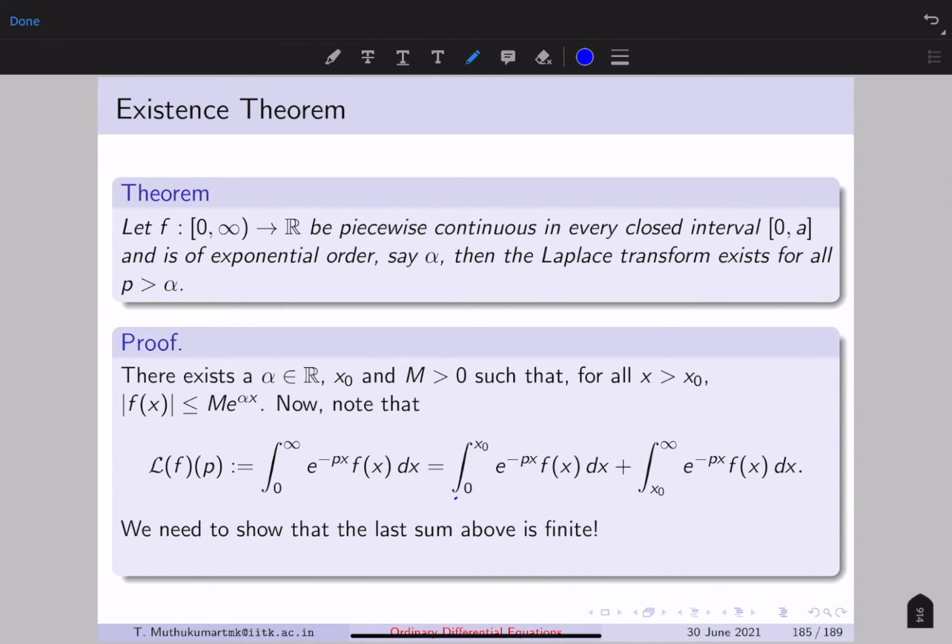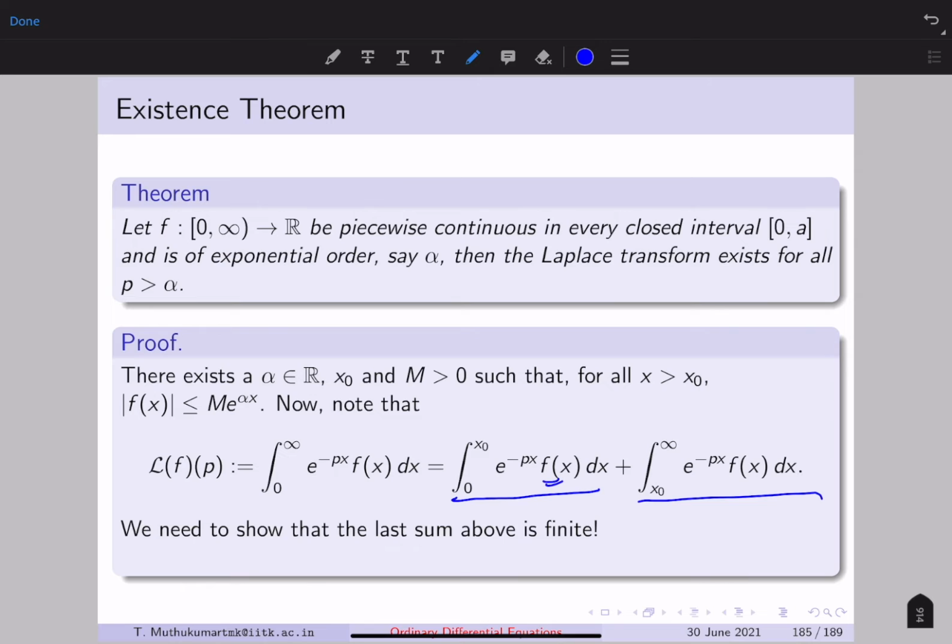Of course, there is no problem with this integral. So we need to show that this other integral is finite, because this one is already over a finite interval, and you already know that in this interval 0 to x naught, f is piecewise continuous. Okay, so this is a finite integral because it's a bounded function, since it's a continuous function on a closed interval.